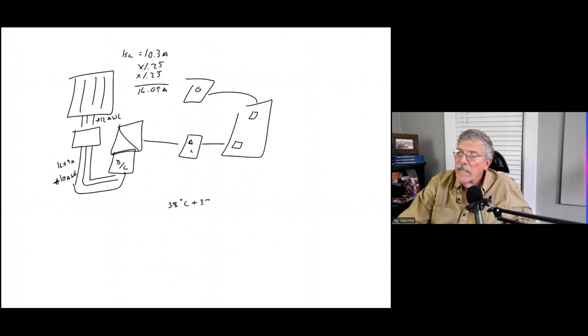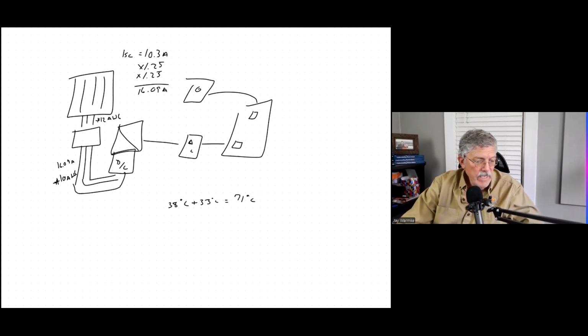So now we've got a temperature of 71 degrees Celsius. If you look at the temperature correction table on page 112, we can't read from the first column, we've got to go over here. So it's 0.5. That basically means that the wire is only capable of handling half the amps.